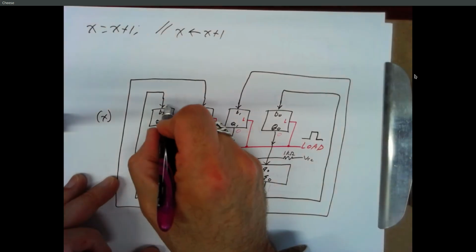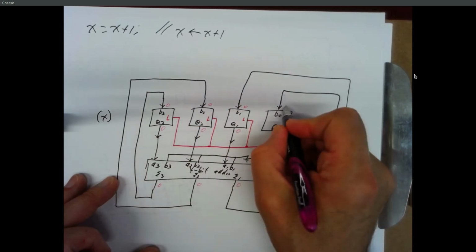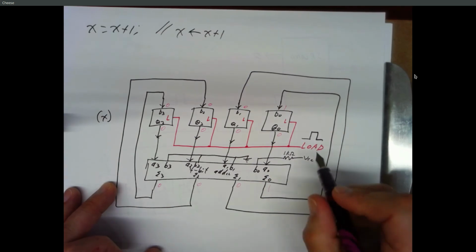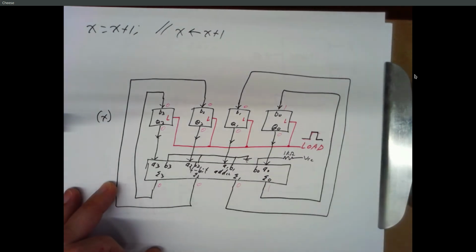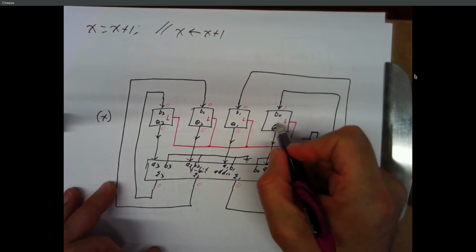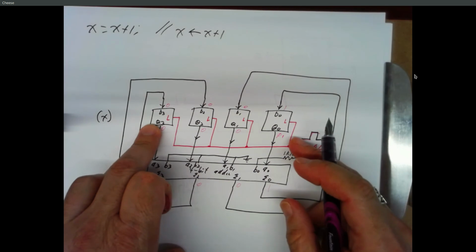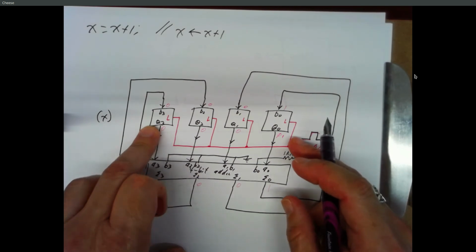And those are carried around to the D inputs. Alright, so X is still 0. If we raise the load line to a 1, this 1 comes into here. This becomes a 1. This is still a 0, a 0, a 0. Hey, X is now 1. That looks great, right? What happens next?